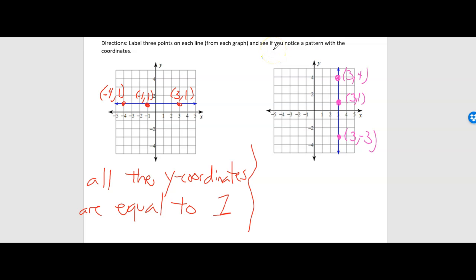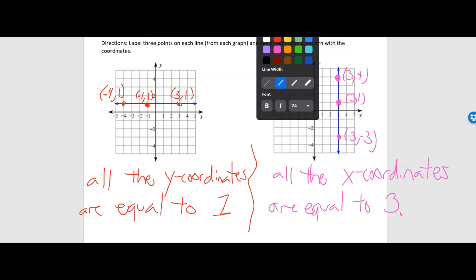If I look at the vertical line, all the x coordinates are the same. The y coordinates are all different. And all the x coordinates are equal to 3. So this is essentially how we come up with the equations of horizontal and vertical lines.